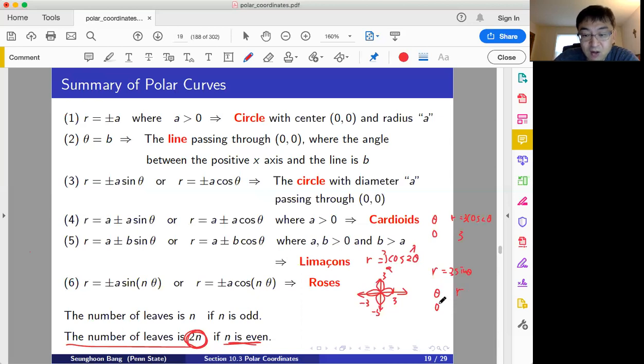You plug 0 into sine 2 theta. 3 times sine 2 theta. The sine of 0 is 0. Exactly. 3 times 0 is 0. Here, the starting point is 0. The graph is like this. This is the whole idea for sketching the graph of roses.